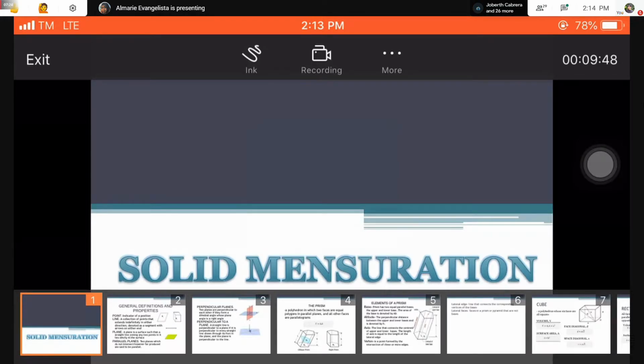Solid, ito yung mga 3D shapes such as prism, cylinder, sphere, cone. Tapos, mensuration means the measurement of height, area, and volume. So, proceed na tayo.